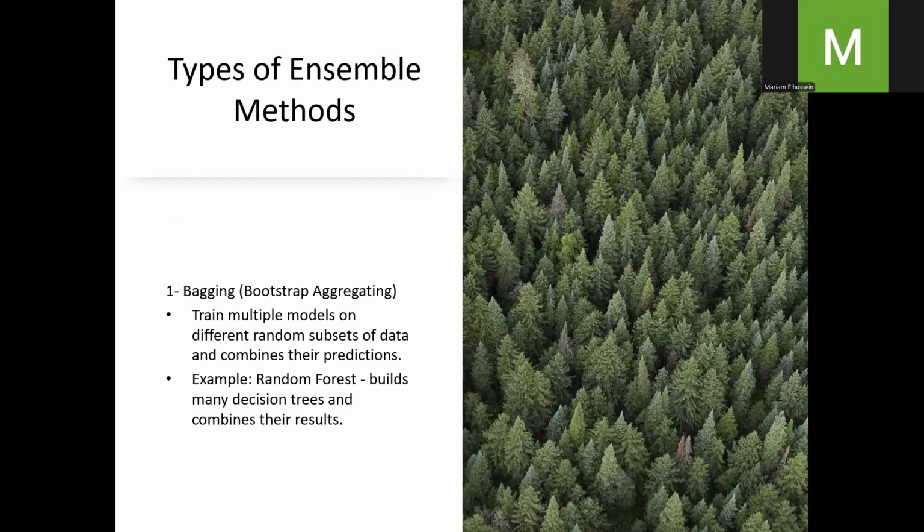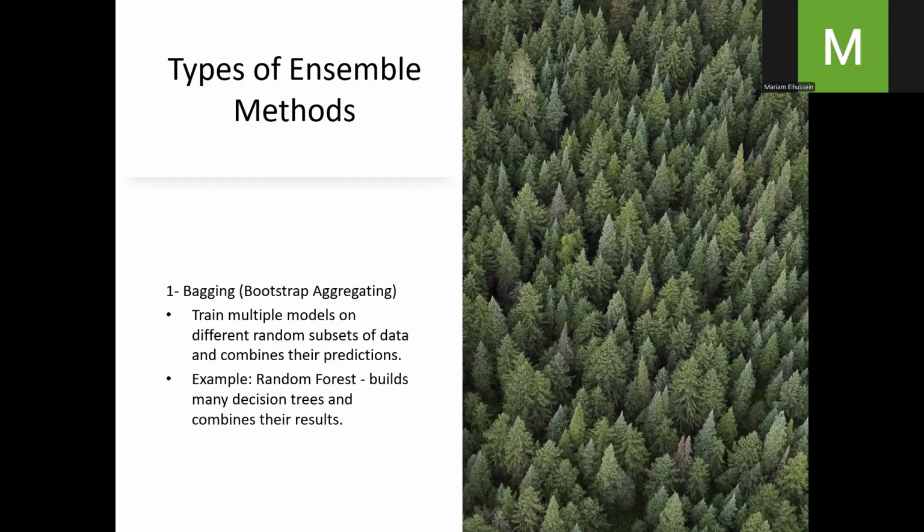The first type is bagging, also called bootstrap aggregation. This means that we will be training multiple models on different random subsets of the data, and then we will be combining their predictions. An excellent example for this is random forest.